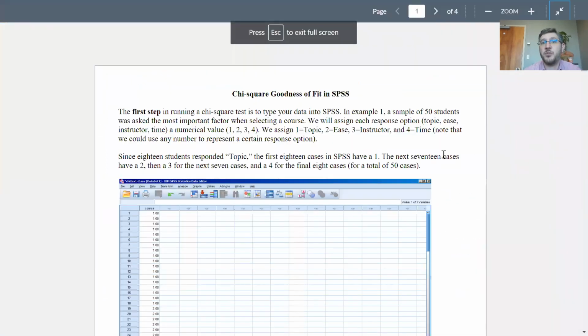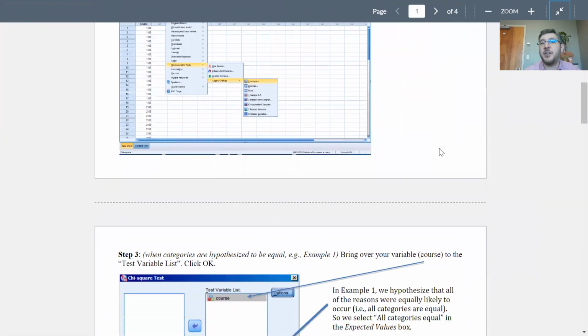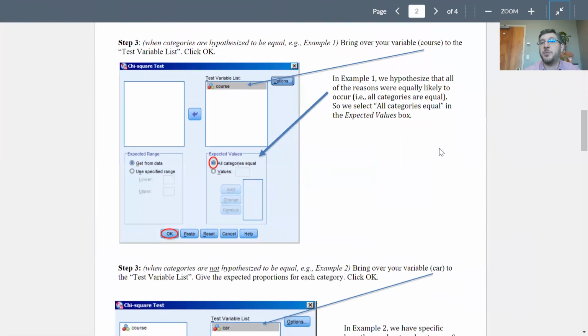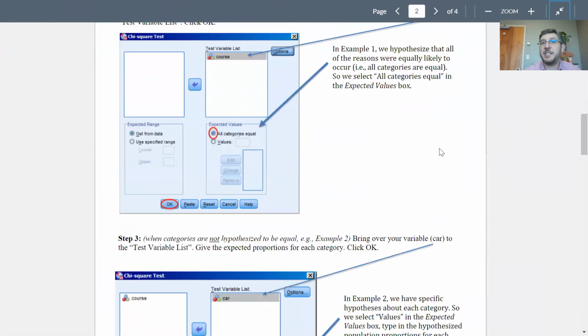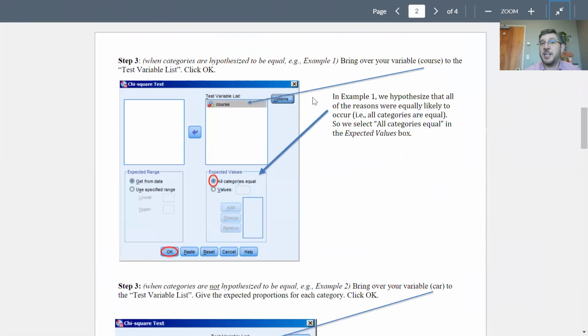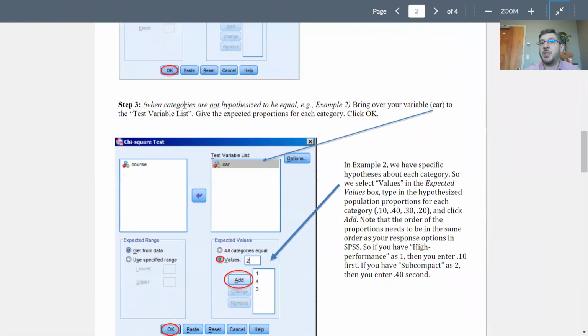Here's my walkthrough of the chi-square goodness of fit test in SPSS. Notice how the data are set up in this screen, and how you can go through and then interpret. Notice that in this one, there's two step threes. One is for when all your categories are equal, like in example 1, and another is for when your categories are not hypothesized to be equal.